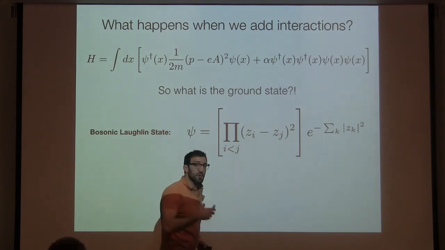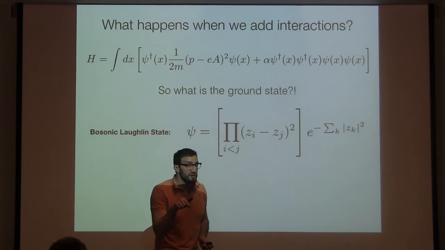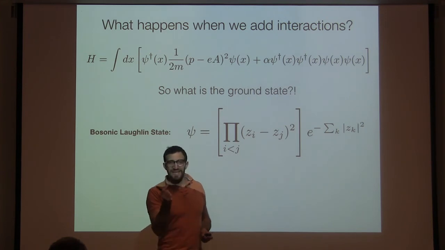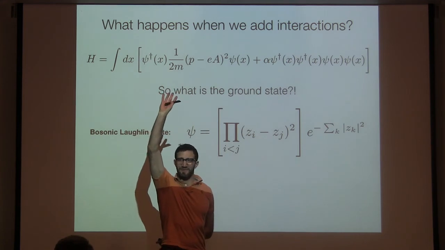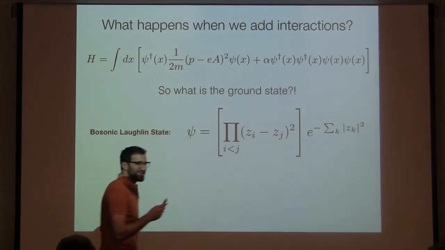We would get z1 squared, z2 to the 0, z2 squared, z1 to the 0, and 2 z1 z2. Is it clear that each of those consists of single particle wave functions in the lowest Landau level? Is that unclear to anyone? Is it clear to anyone? Who doesn't care and wants me to just move forward? Okay, if you don't raise your hand for any of the three, I'm going to assume it's that.